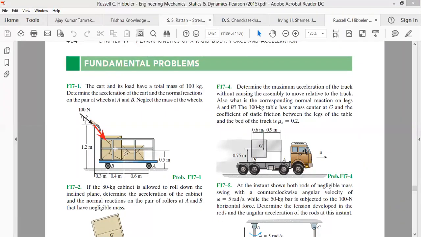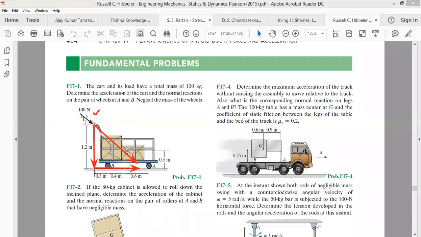The force of 100 Newton is acting in this direction, and as given here, the base is 3 units and the perpendicular is 4 units.